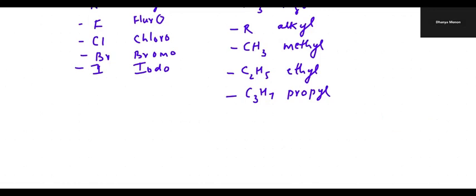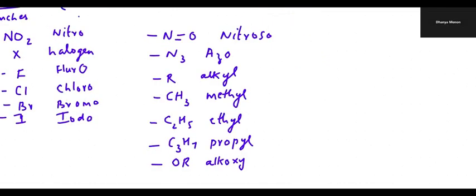the few more substituents. If I mention OR, it's a general version. This is called an alkoxy group. Okay, so I mentioned the alkoxy group in this row. OR is called the alkoxy group, and R stands for any of the alkyl groups. For example, if I have OCH3, this R stands for methyl, ethyl, or any group like that.